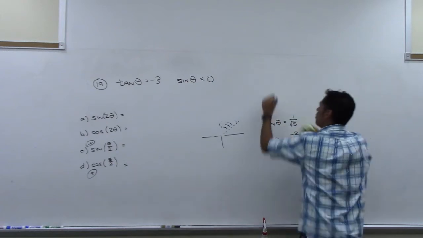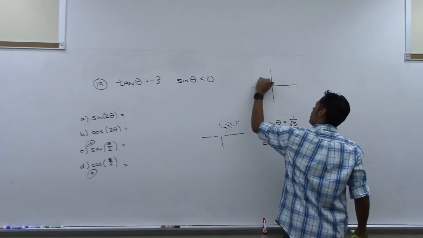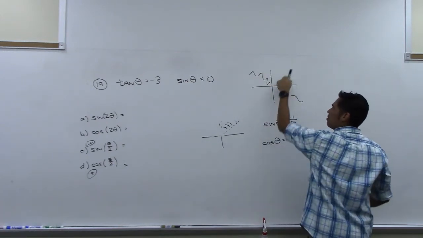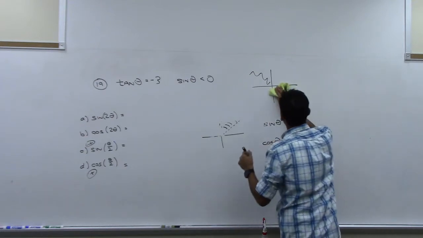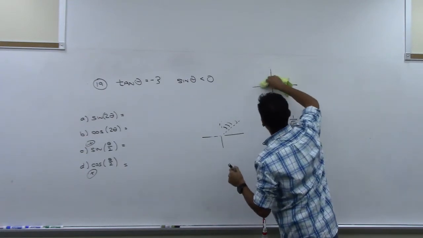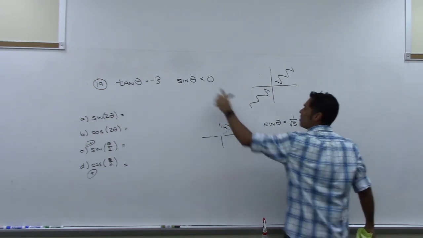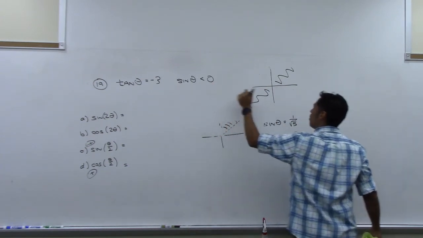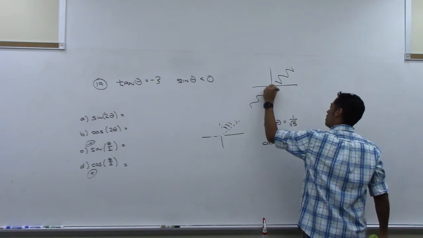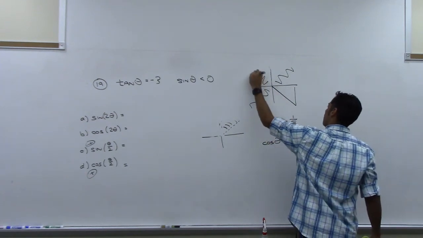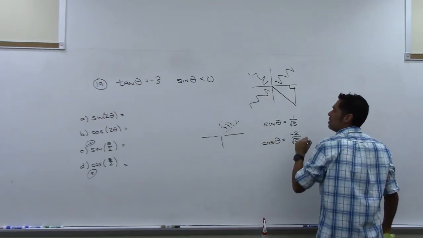Tangent being negative means we can't be in this quadrant or that one. And sine being negative means your y-coordinate is negative, so you have to come down like this, so we're not here.